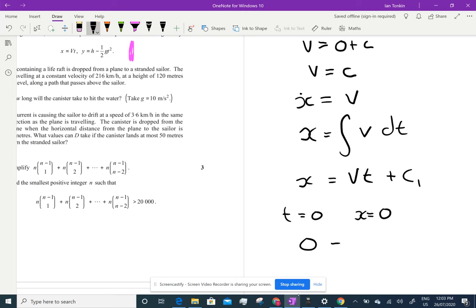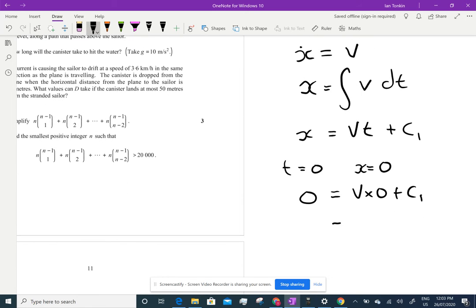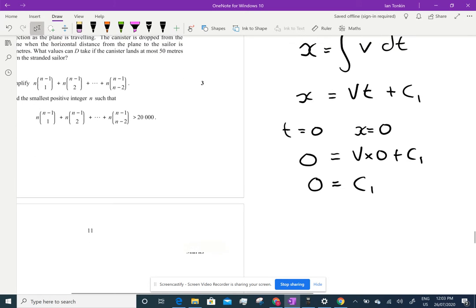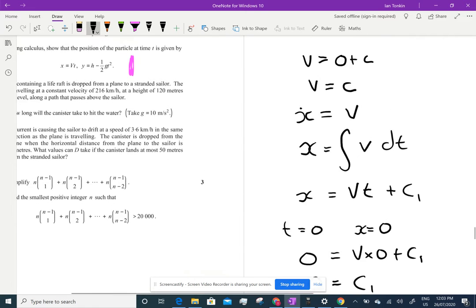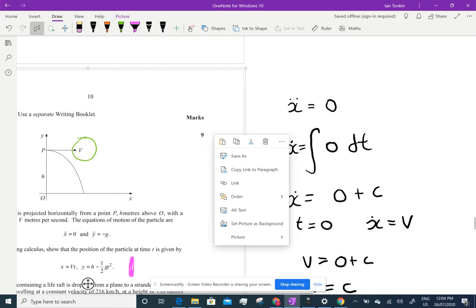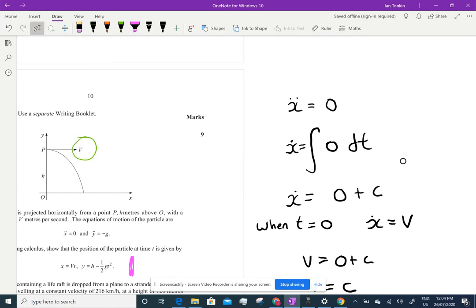So 0 equals velocity times 0 plus this other constant, which means my second constant will be 0. So my displacement is just velocity times time. And that's the velocity that this particle is being projected at horizontally.